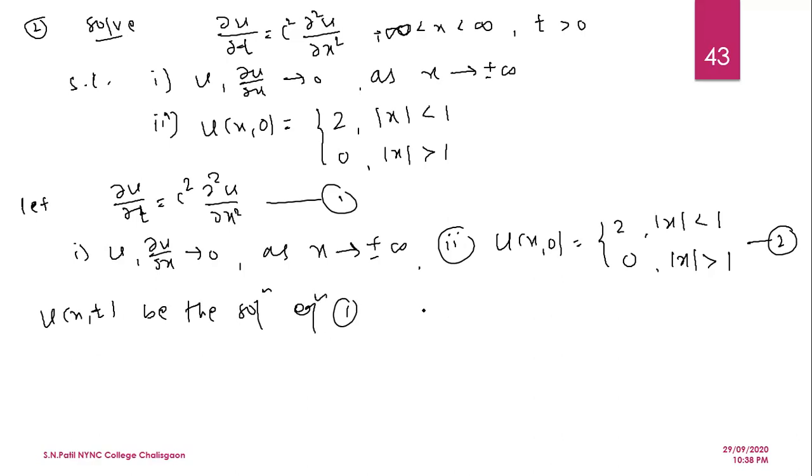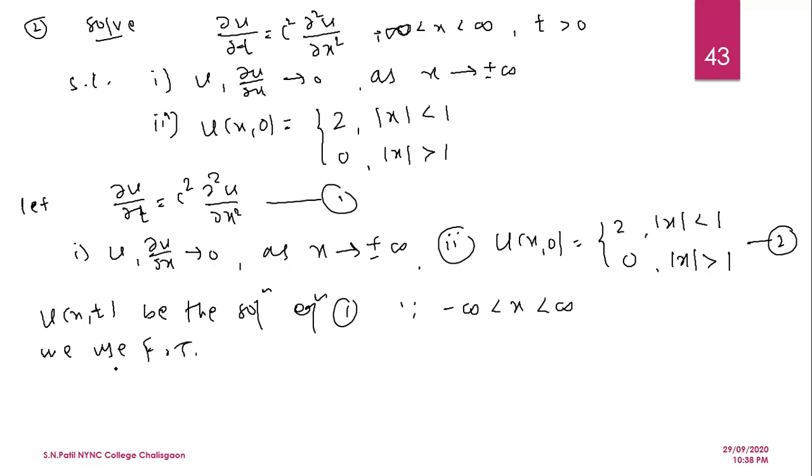Okay, and since x lies between minus infinity to plus infinity and the first condition is provided, that's why we use the Fourier transform.